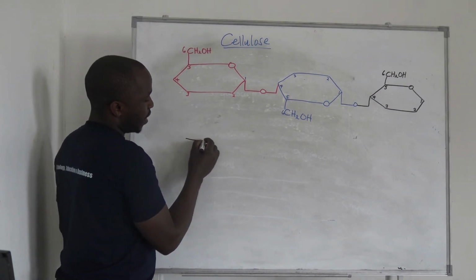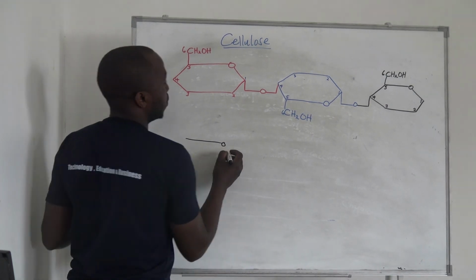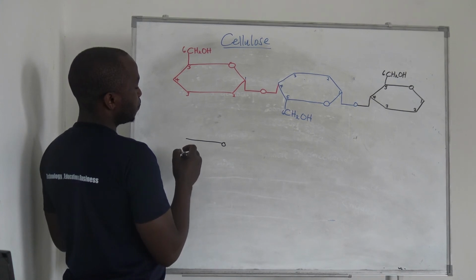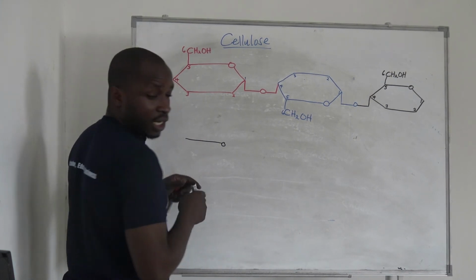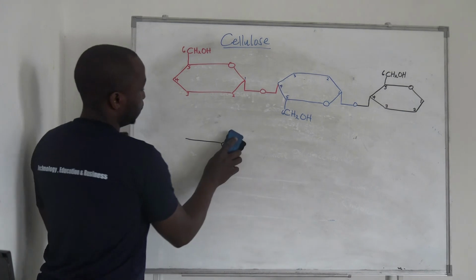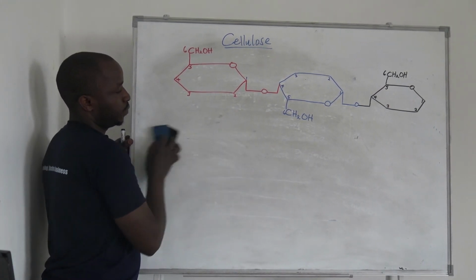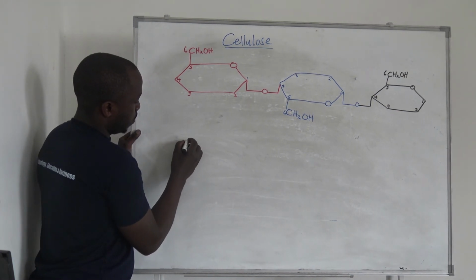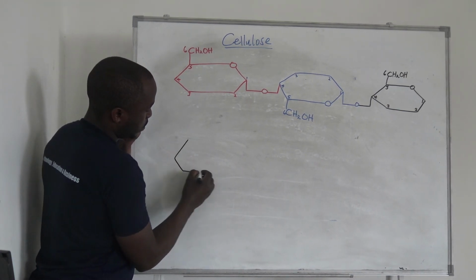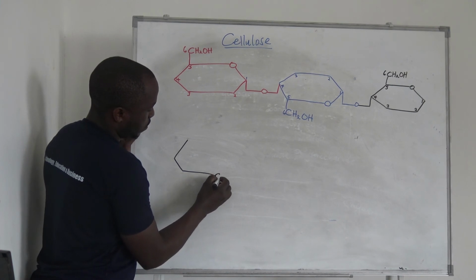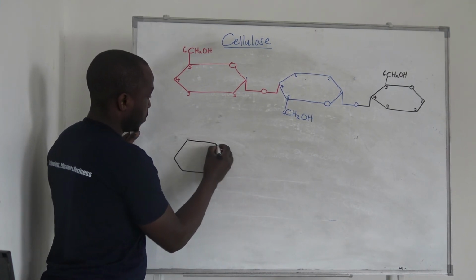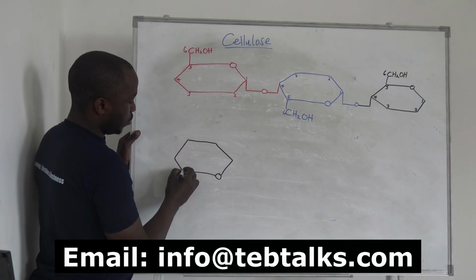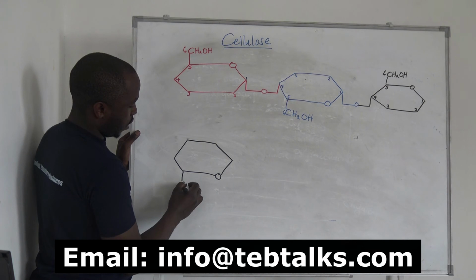If now we have another polysaccharide chain below, and this time the beginning is inverted, so it would mean CH2OH is here.